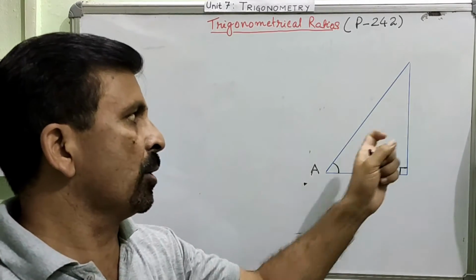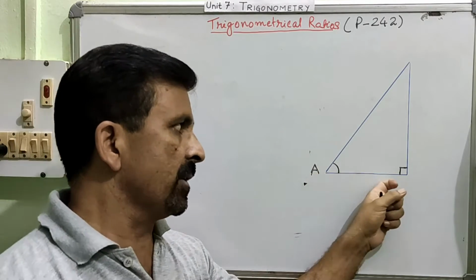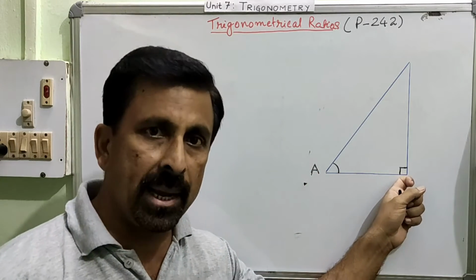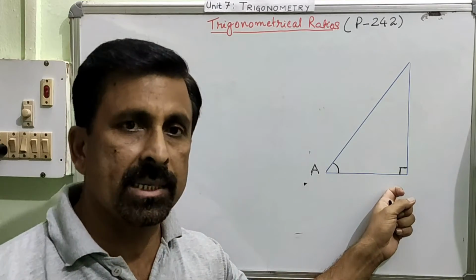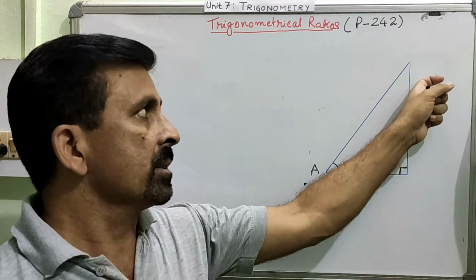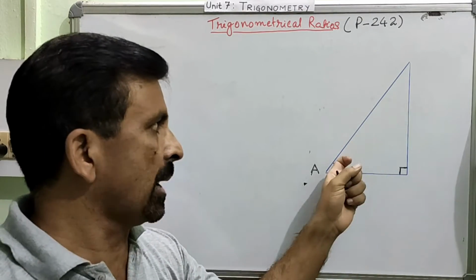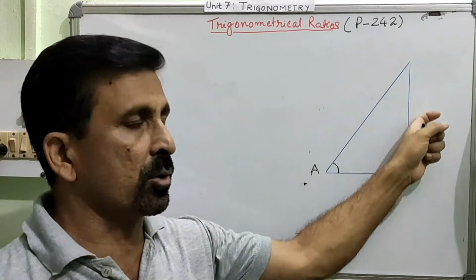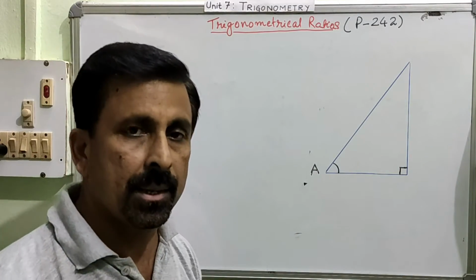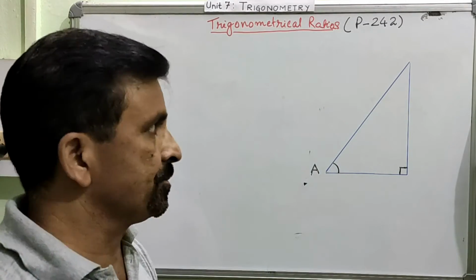It depends on the location of the angle. So when the angle is at this vertex, this will be called the base, or we can also call it the adjacent side, and this will be called the perpendicular, or the opposite side. Opposite side because this is the side which is opposite to this angle. Is this very clear? And then this is always the hypotenuse.